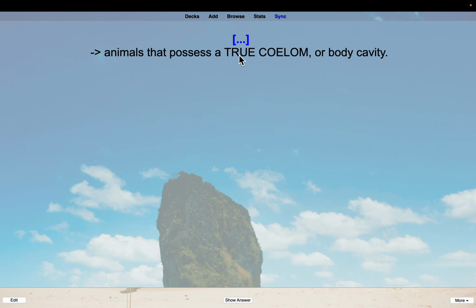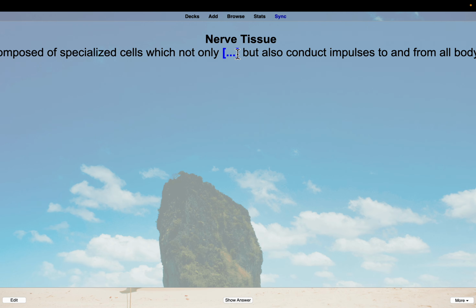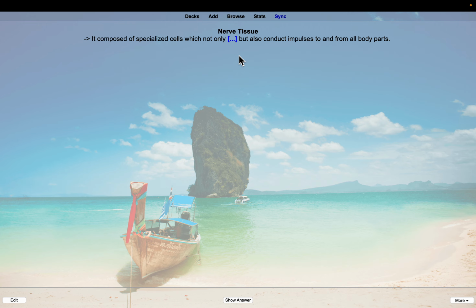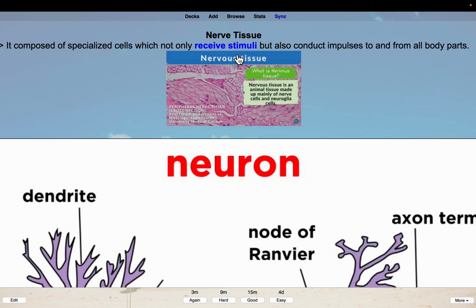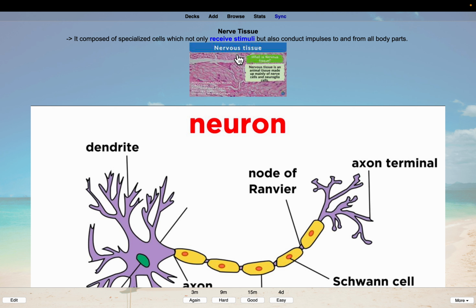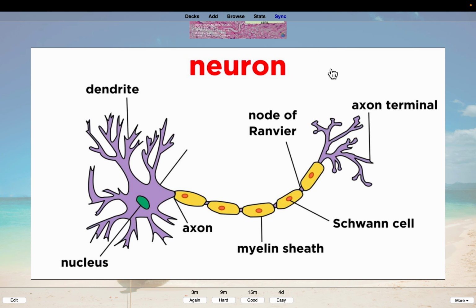Next. Animals that possess a true coelom, coelomate. Nerve tissue. It is composed of specialized cells which not only receive stimuli but also conduct impulses to and from all body parts. So the tendency is, if you receive a certain stimuli, say you accidentally touch something really hot, it causes the conduction of an impulse that makes you move your finger or hand away from it.